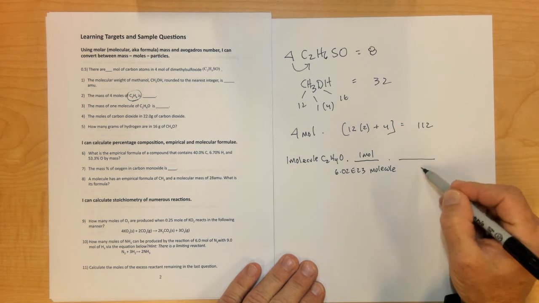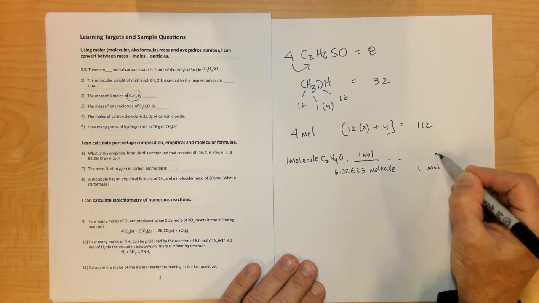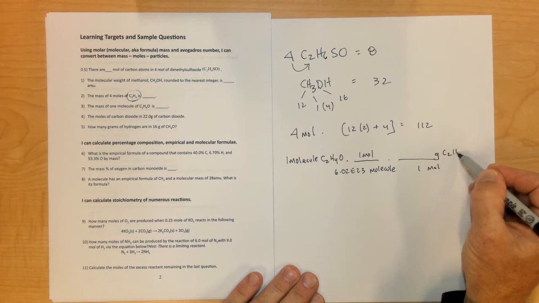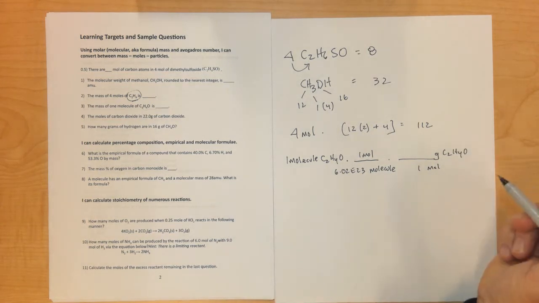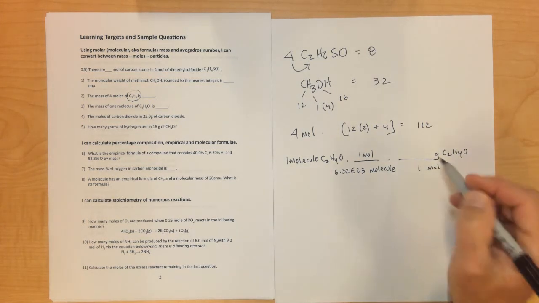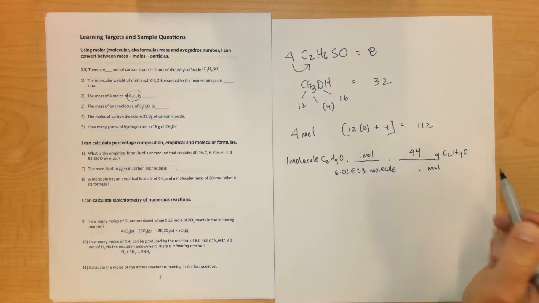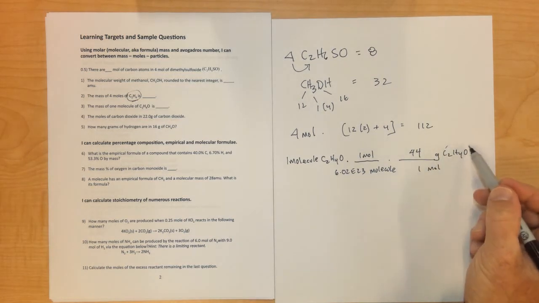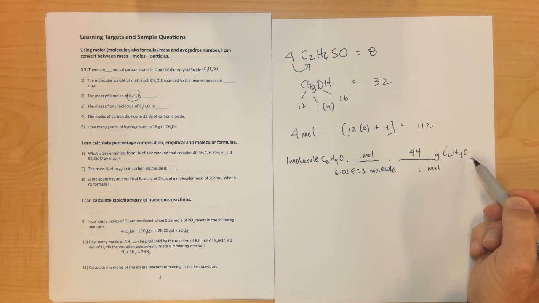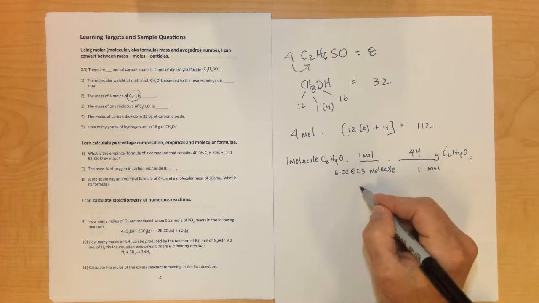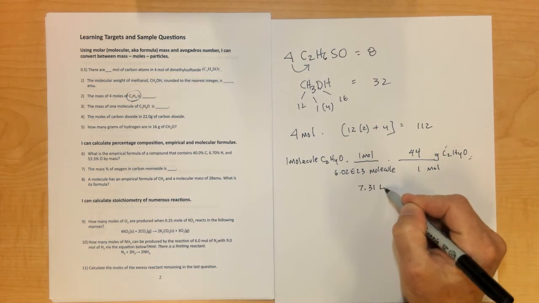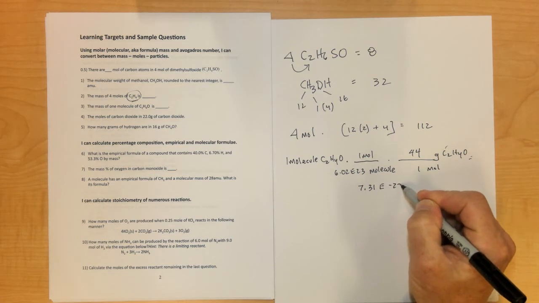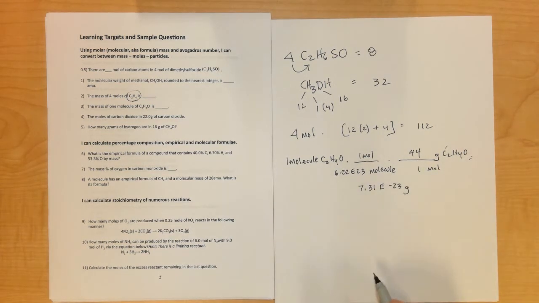And then we're going to go from moles to grams of the C2H4O, and this adds up to 44 grams on the periodic table with 2 carbons, 4 hydrogens, and an oxygen. Multiplying those all together gives me 7.31 times 10 to the negative 23rd grams in 1 molecule.